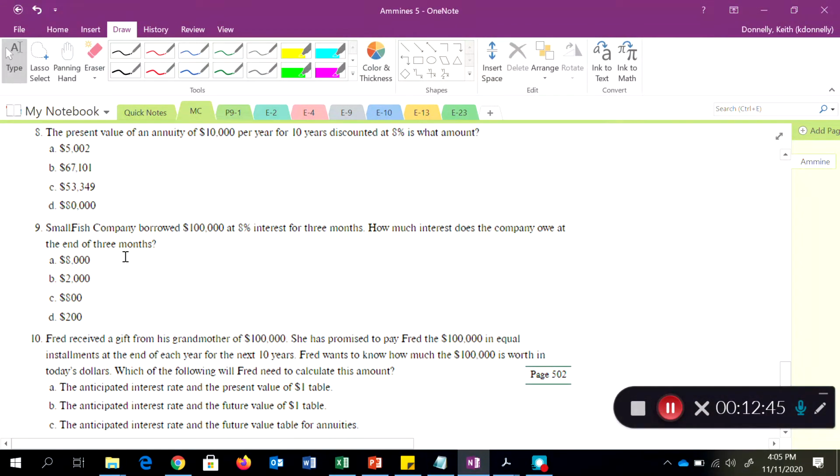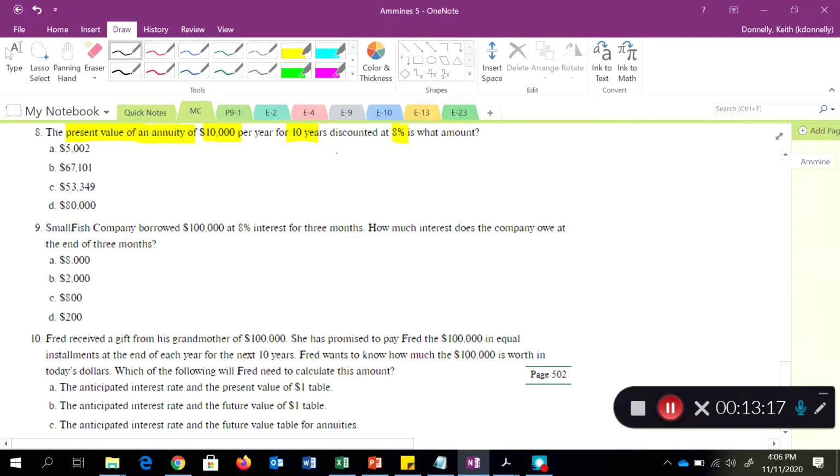Here's 8. So the present value of an annuity of $10,000 per year for 10 years, discounted at 8%, is what amount? Okay, so let's think about this here. They want to know the present value of an annuity, and it looks like $10,000, 10 years, 8%.